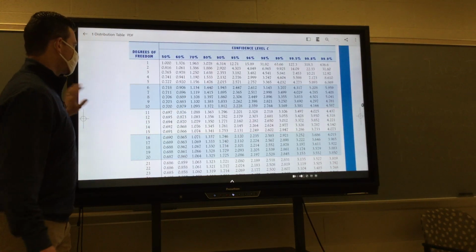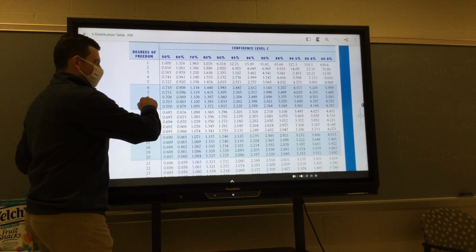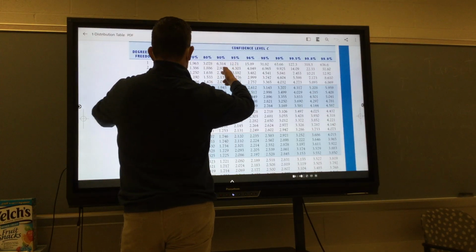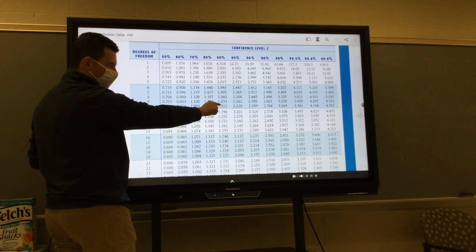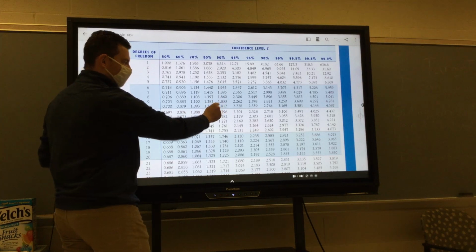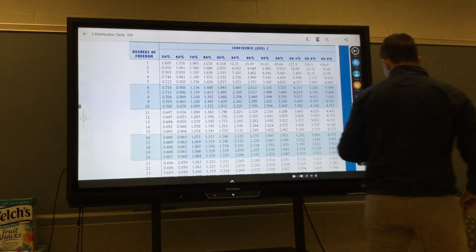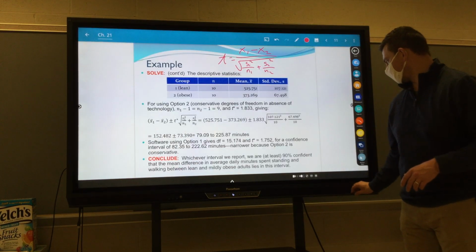Along the left side, we have our degrees of freedom. So there are 9 degrees of freedom. So we're going to line these 2 up, the column and the row, and we get 1.833. That is our T-star, this 1.833. So we would come back together over here.